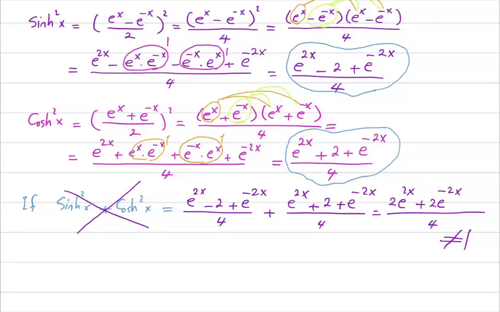What if I subtract them? All right. If I subtract hyperbolic sine squared from hyperbolic cosine squared, what happens? Take a look. If I write down hyperbolic cosine to the second power of x minus hyperbolic sine to the power 2 of x, what do we get?